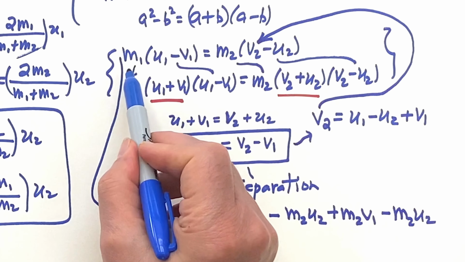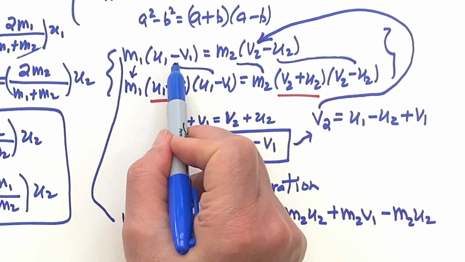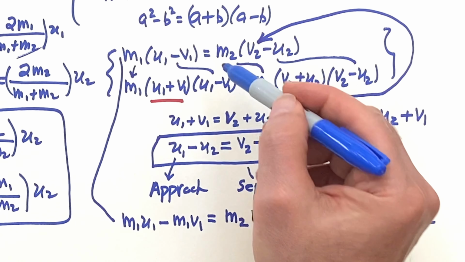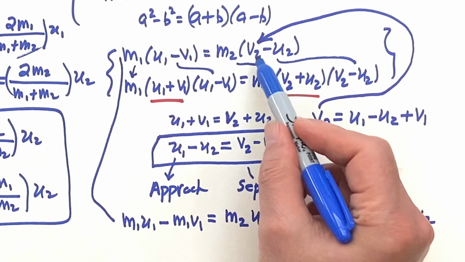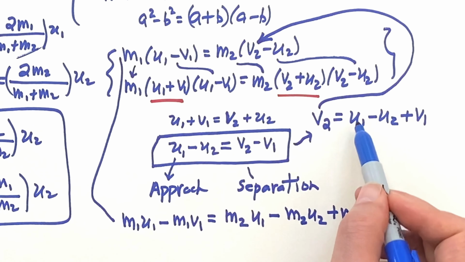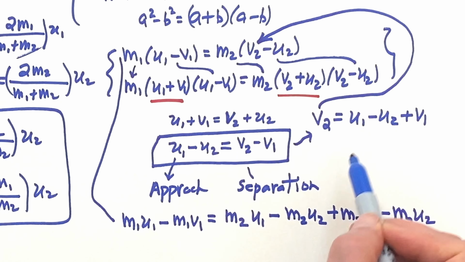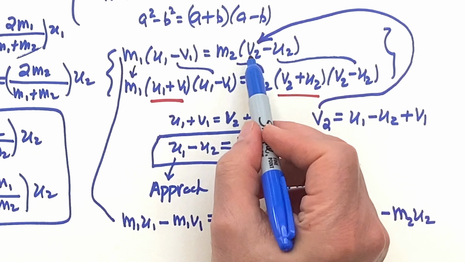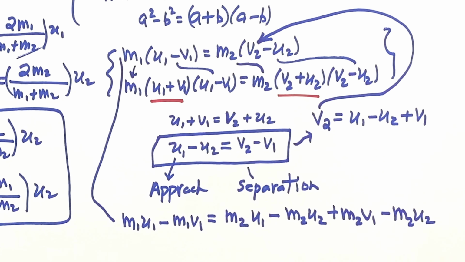The left-hand side, M1 U1, and then the minus sign, M1 V1. Left-hand side checks. Right-hand side, M2 has to hit the V2, all this first. So M2 U1 minus M2 U2 plus M2 V1, and then minus M2 U2. So we're good.